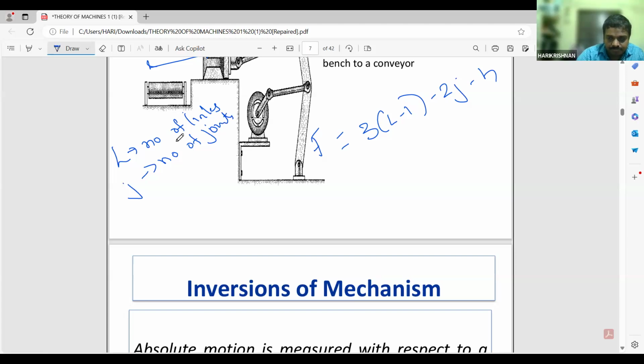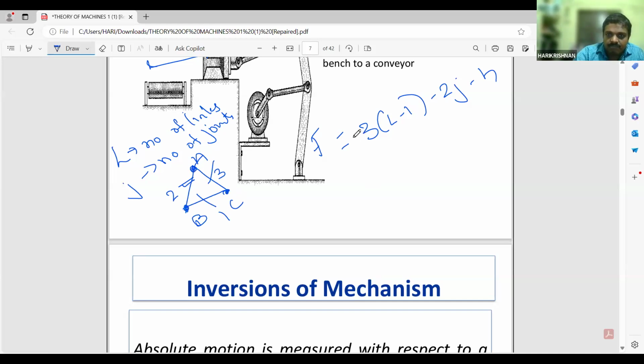If we are having a mechanism like this, named A, B, C, these are known as bars or links. How many links are there? 1, 2, 3. These points are known as joints.